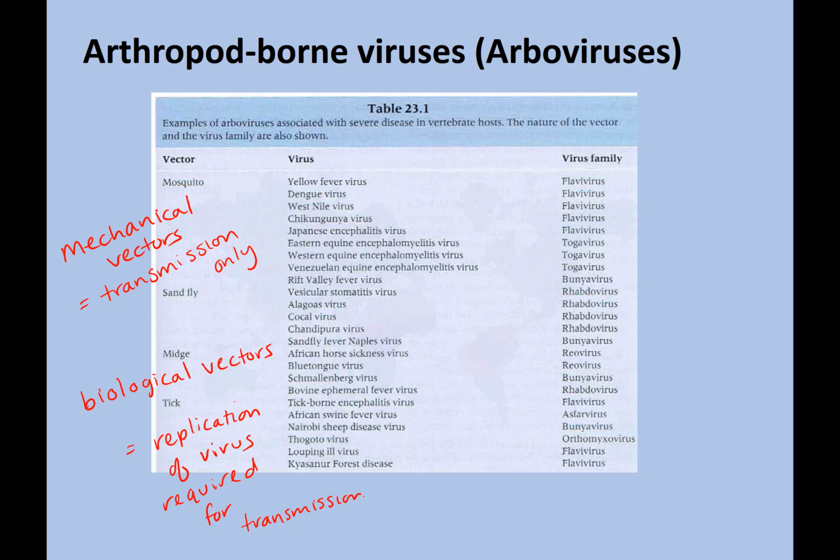So lots of these viruses actually replicate inside the biting insect. Gets to a much higher level of virus, and then it's transmitted. So these arboviruses mean they're arthropod-borne, so they are transmitted by biting insects.